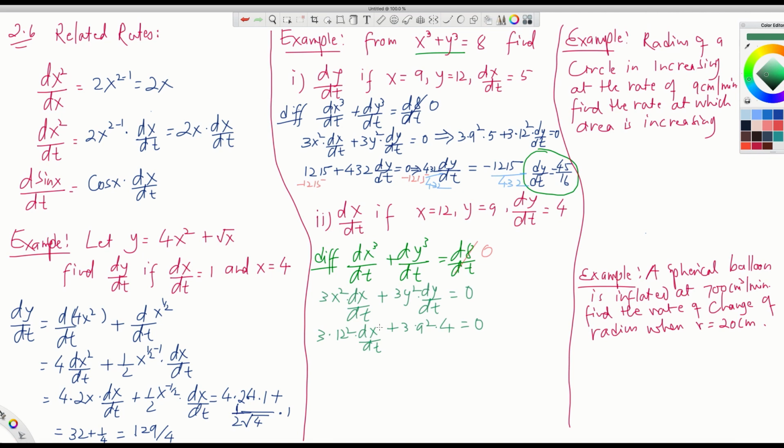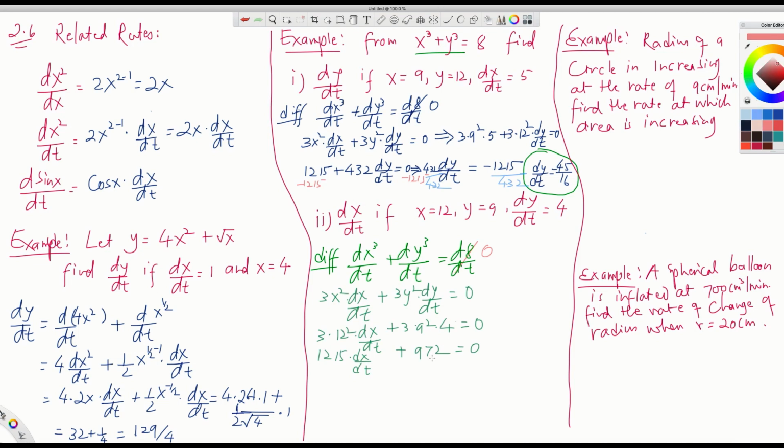What do you get? Let me find out how much is 3 times 9 squared times 4. That is basically 972. So this will be plus 972, and 3 times 12 squared we found out already, 1215. So 1215 times dx over dt plus 972 equals 0.